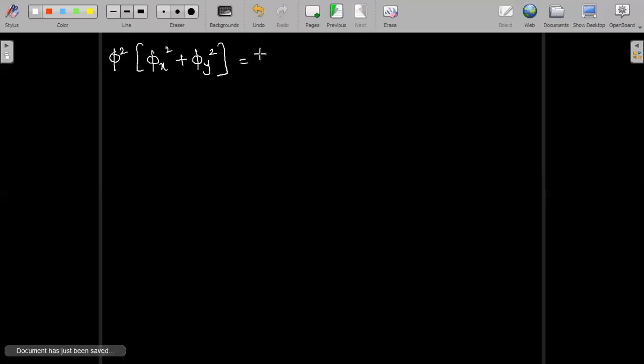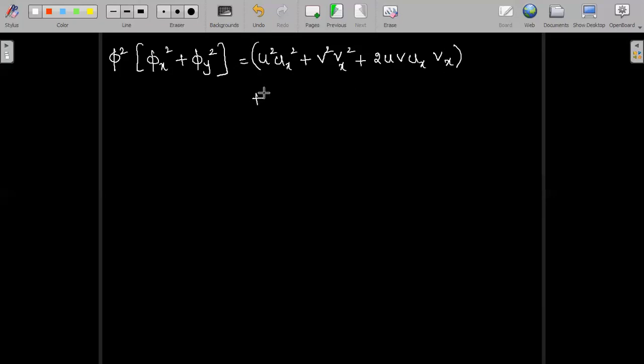So it will give us u square ux square plus v square vx square plus 2uv ux vx. This is one term for us. Similarly, the second one is u uy plus v vy the whole square, so u square uy square plus v square vy square plus 2uv uy vy.